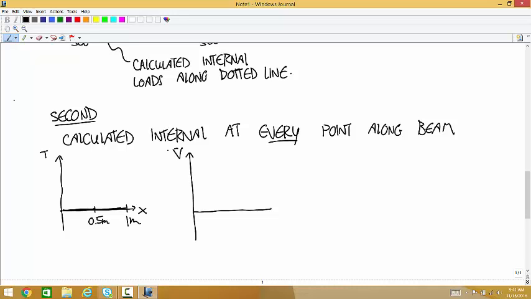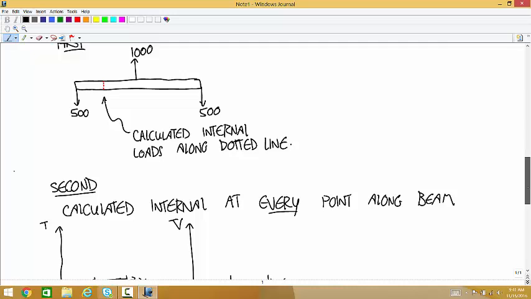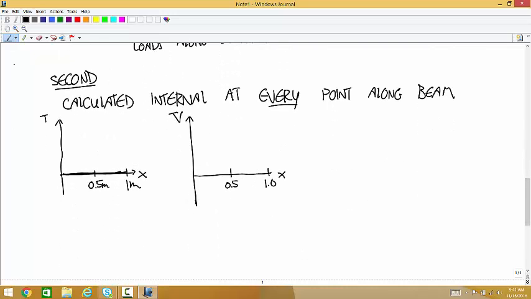The shear force was negative 500 for the first half, positive 500 for the second half.